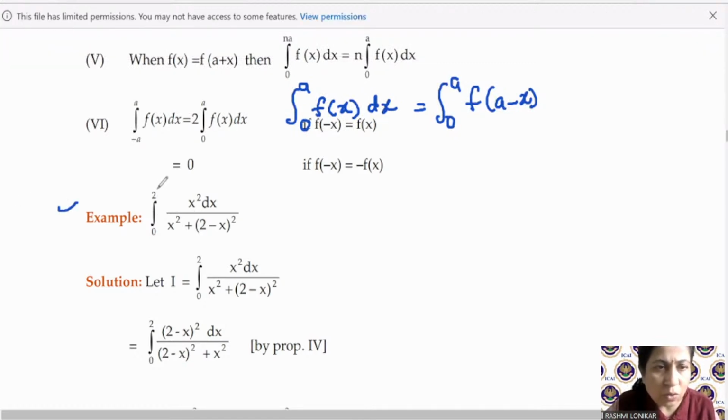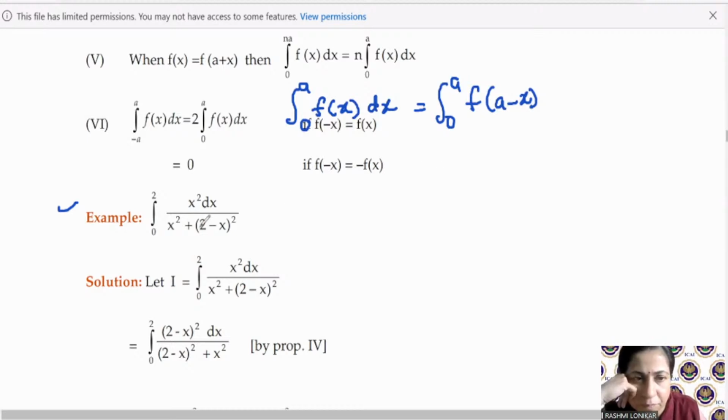I have the integral from 0 to 2 of x square upon x square plus (2 minus x) whole square. Here what it says is that if, instead of x, I write a minus x, it is going to be the same as this function. What is my a here? A is 2.